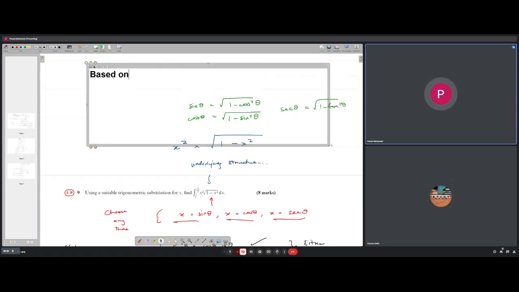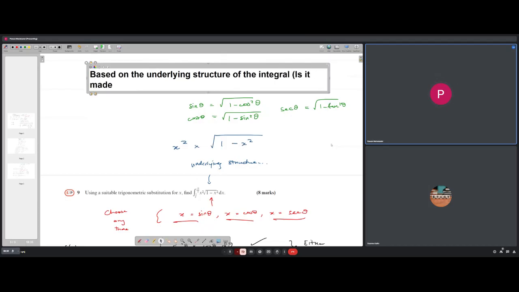What I mean by that is whether it is made up of fractions, powers, square roots.